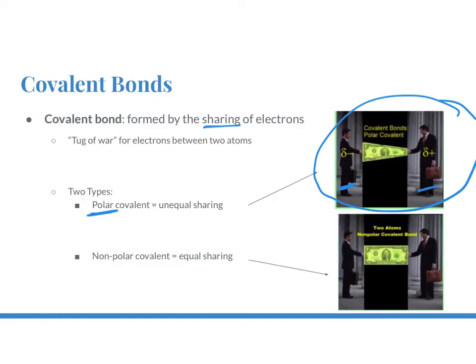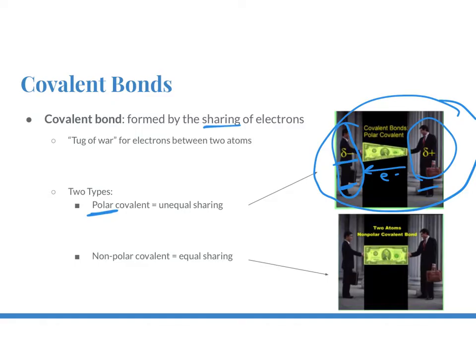If this guy here is getting more electrons, he's pulling a negative charge towards him, and we say that he has a partial negative charge. He has more control over the electrons. Whereas this atom is going to have a partial positive charge because electrons are being pulled away, and when we remove electrons, remember, we become more positive.